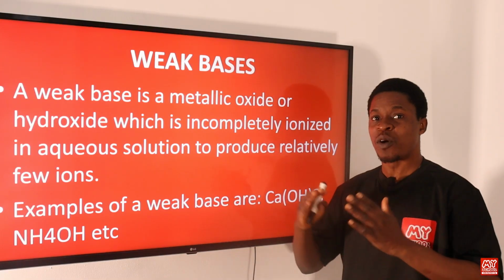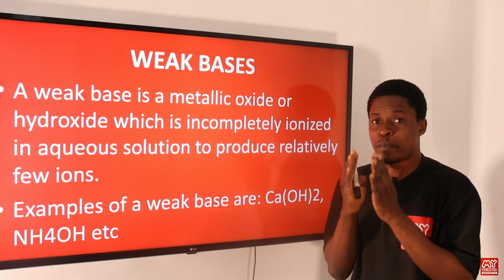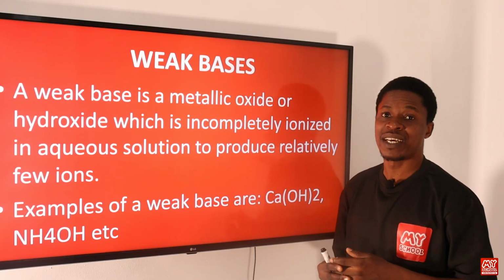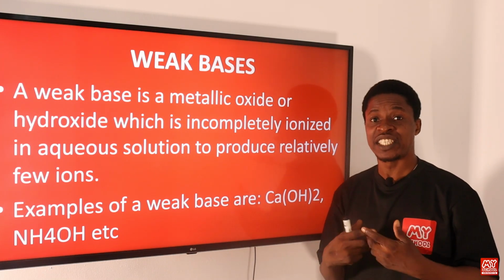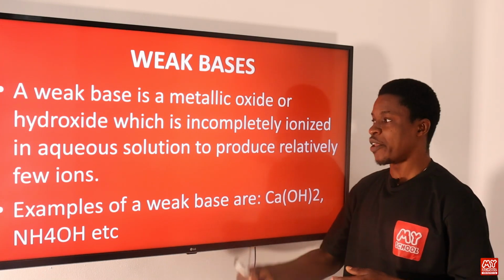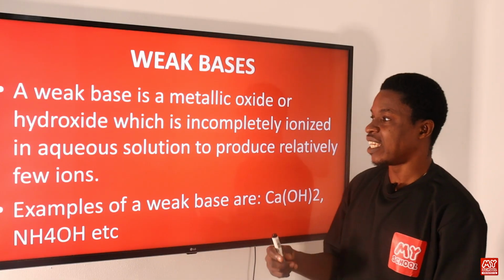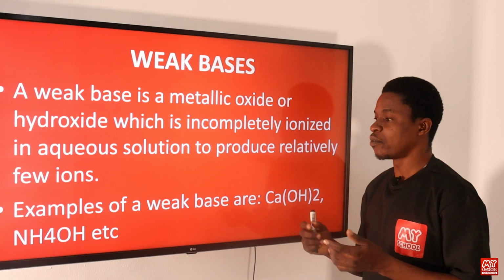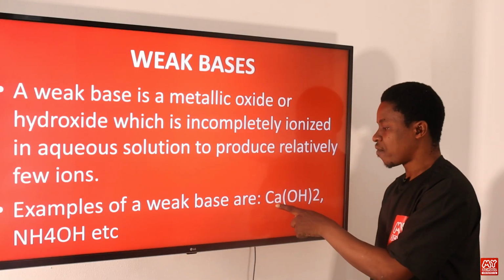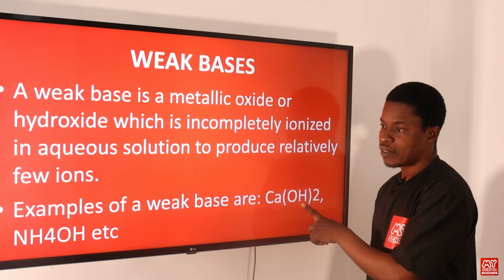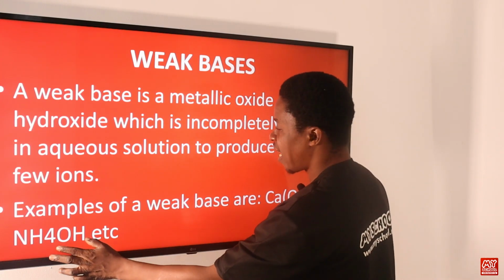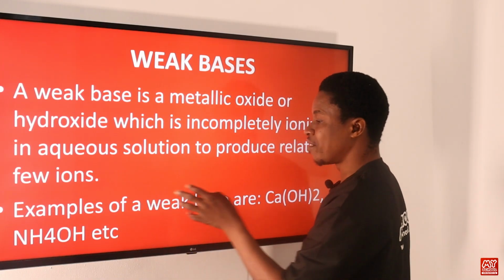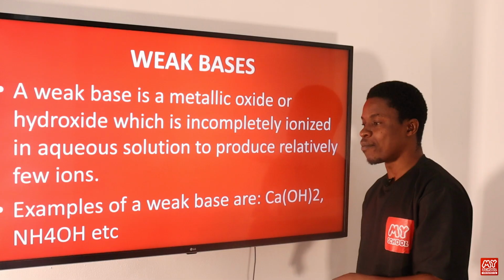So they don't dissociate completely when dissolved in water, they ionize partially. And when they dissolve, they produce hydroxide ion as well as their positively charged ion. Examples of weak bases are calcium hydroxide, ammonium hydroxide, magnesium hydroxide, and so many of them.